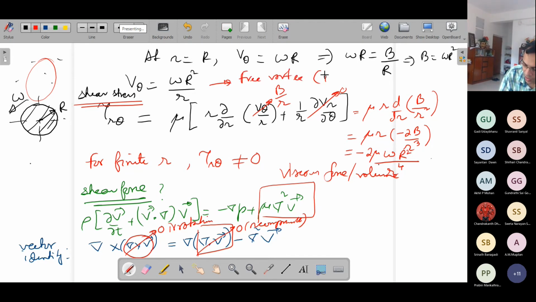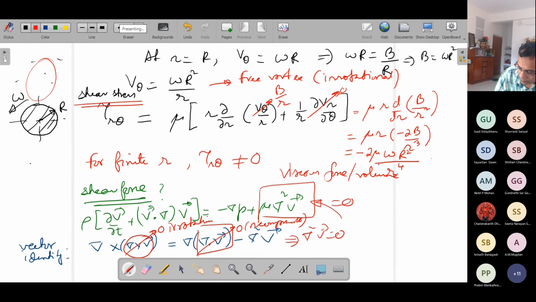We have discussed it earlier in the context of kinematics. So clearly this is 0. That means you can clearly infer from this identity that for incompressible and irrotational flow, both are true here, you must have this equal to 0.